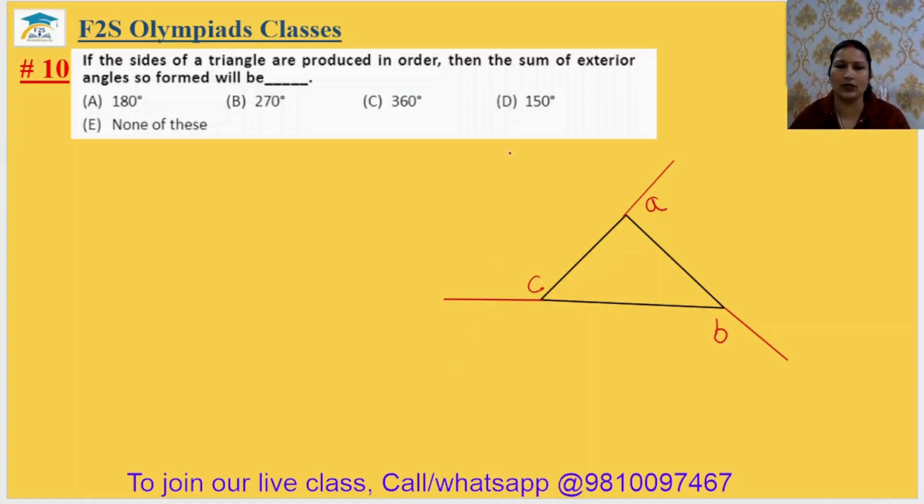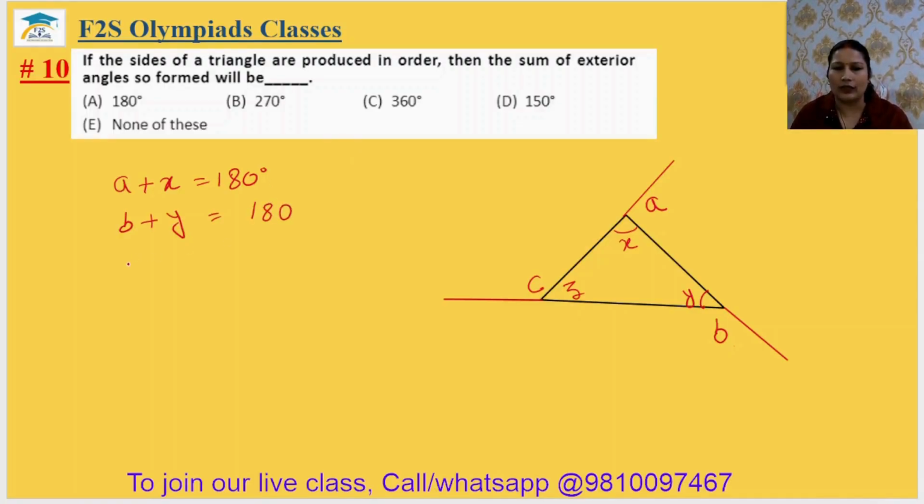C. Okay. Now it is asking what will be the sum of A plus B plus C. So you can just write this as the angle X, this as the angle Y, this as the angle Z. So by a linear pair, we can write A plus X equal to 180 degree, and B plus Y equal to 180 degree.